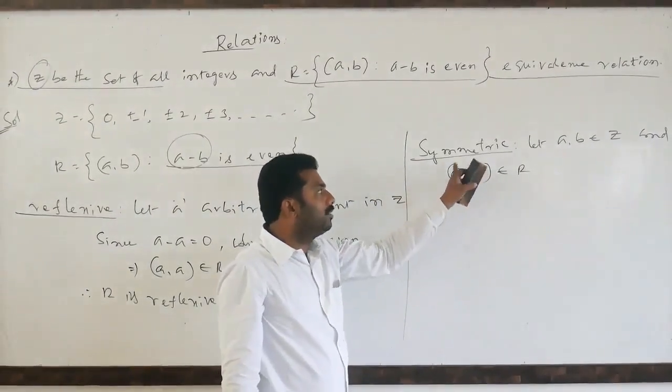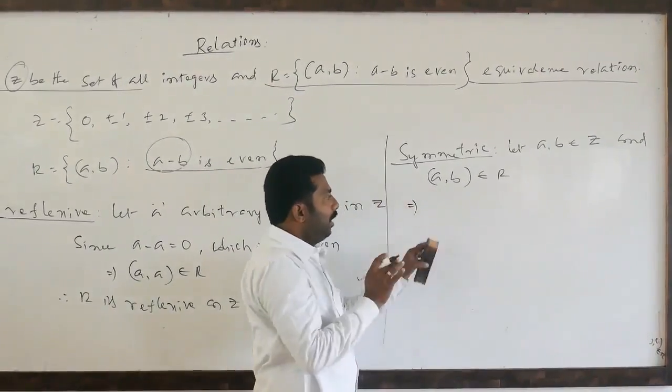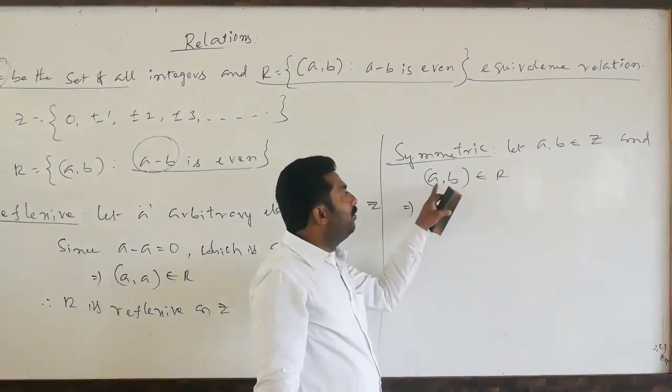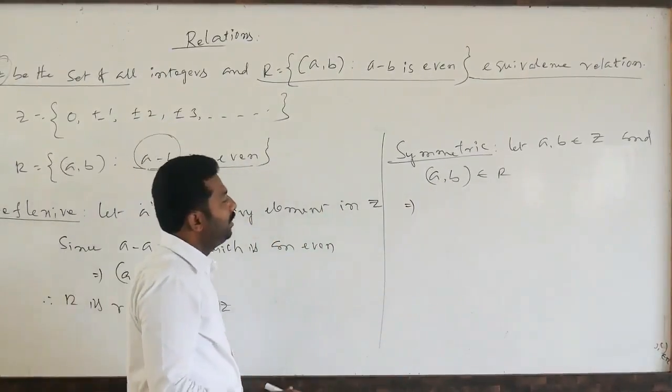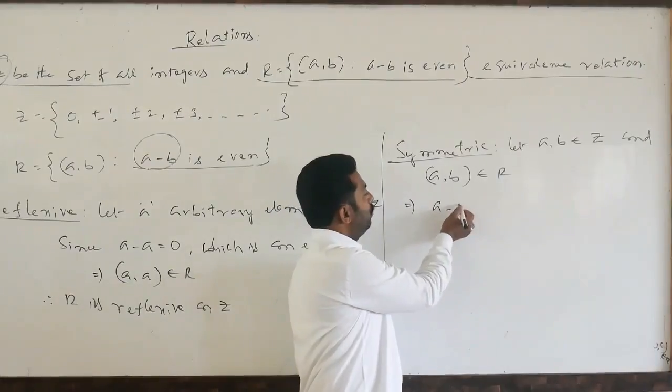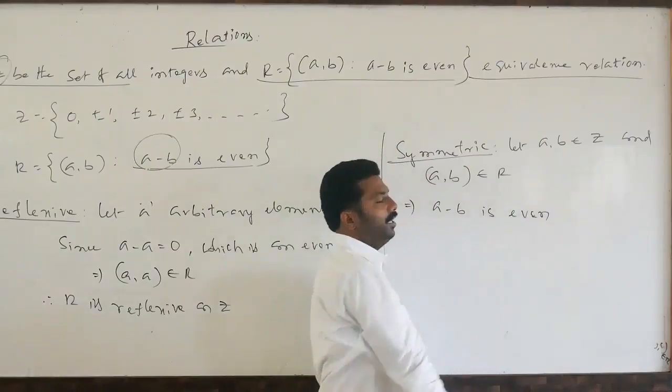(B, A) also belongs to capital R. Our assumption is that there is a relation between A and B, which means A minus B is an even number.